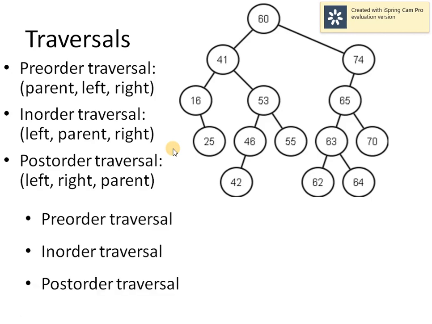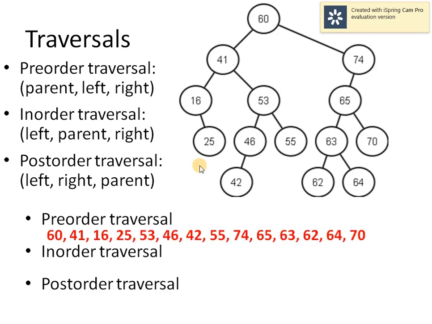So let's say this is the binary search tree, and we have to visit it in pre-order traversal manner. Pre-order traversal means we have to visit the parent first, then left, and then right.